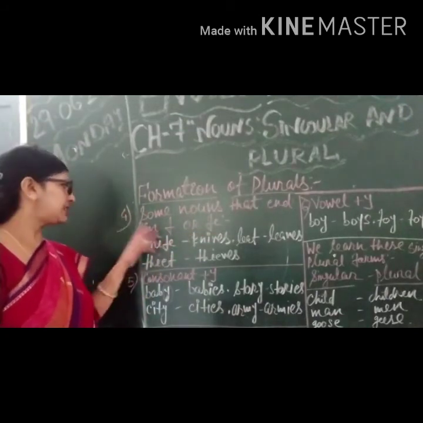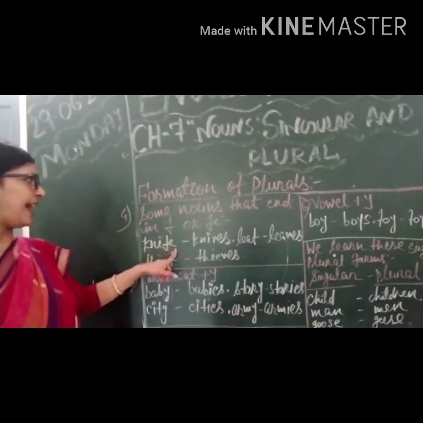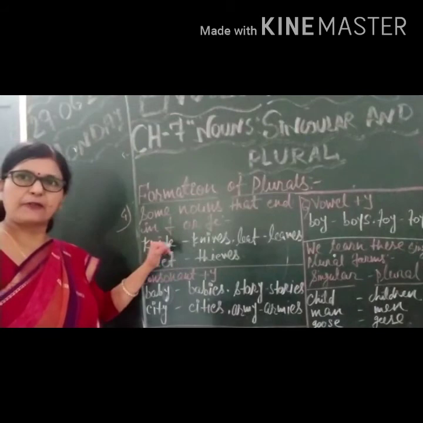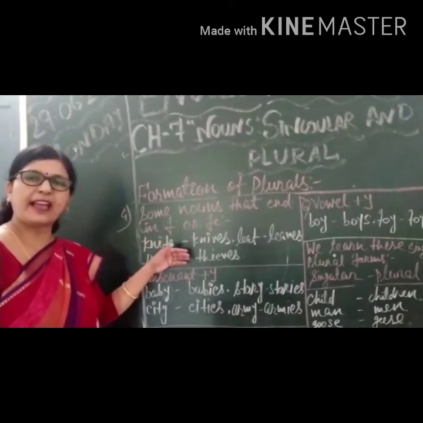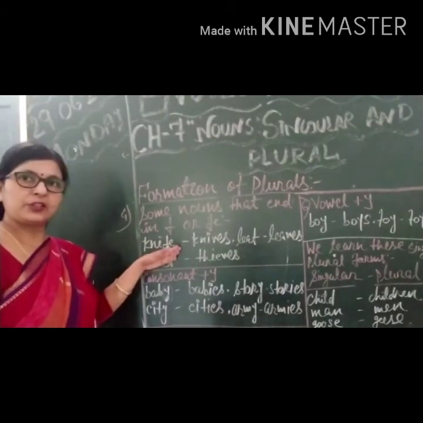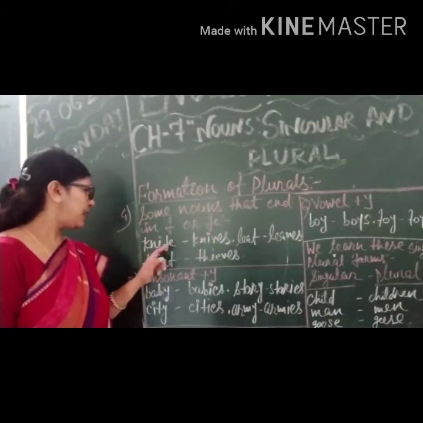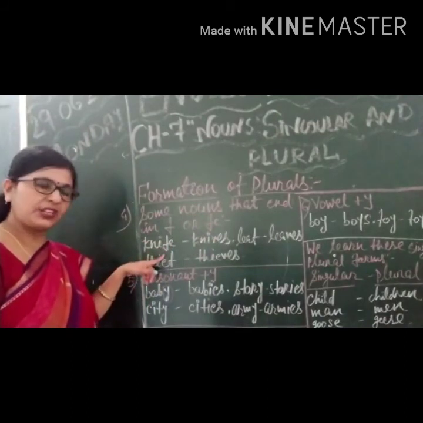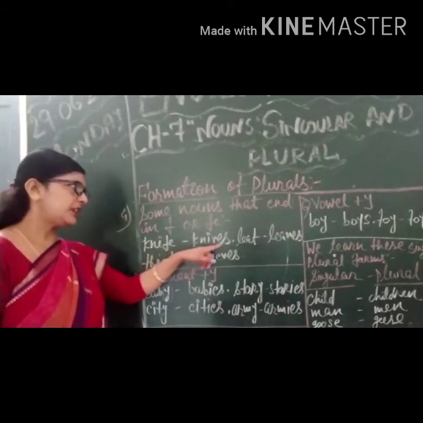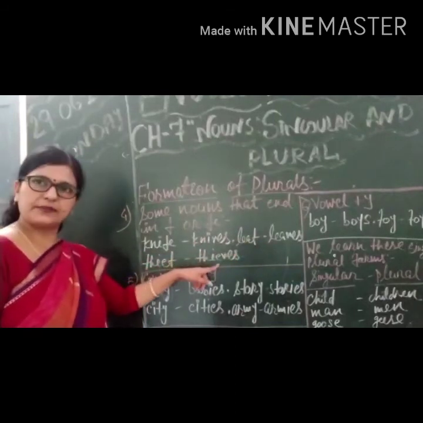In this case, we have to remove F or FE and add VES so that this word will become a plural noun. For example, children, you can see knife, knives, leaf, leaves, thief, thieves.